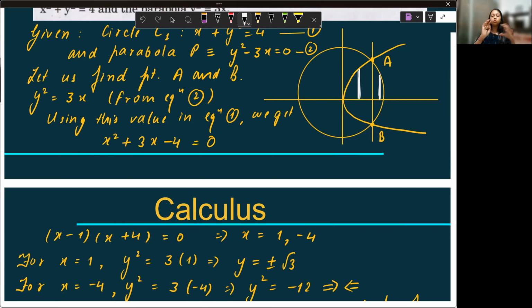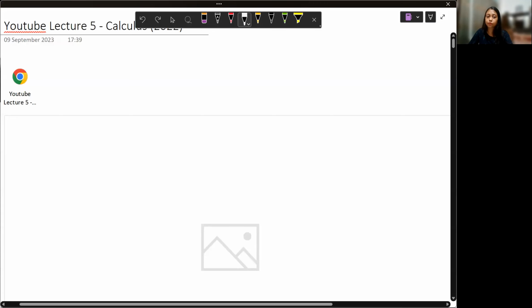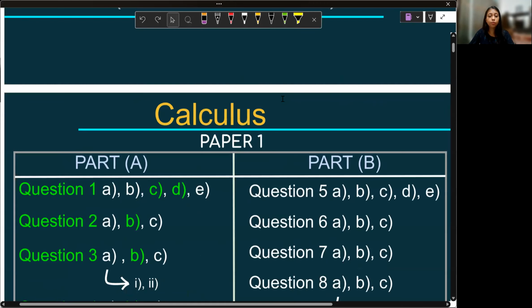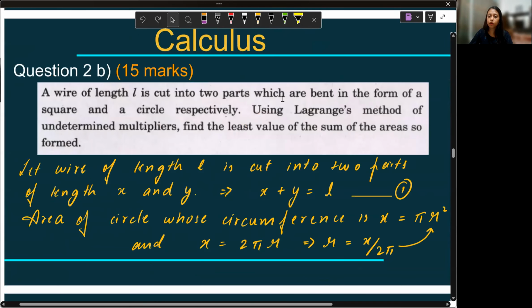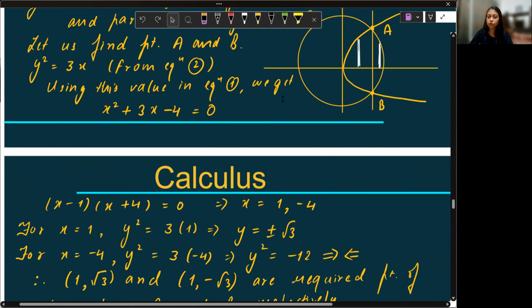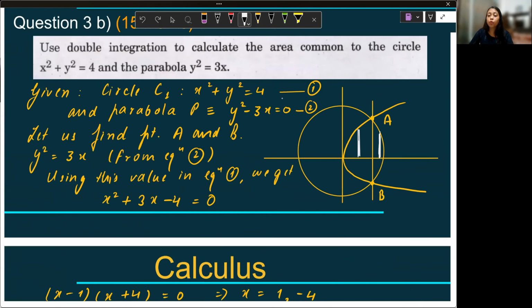So the whole area I have divided into 2 portions. This is the first portion, this is the second portion. Why do we actually do that?